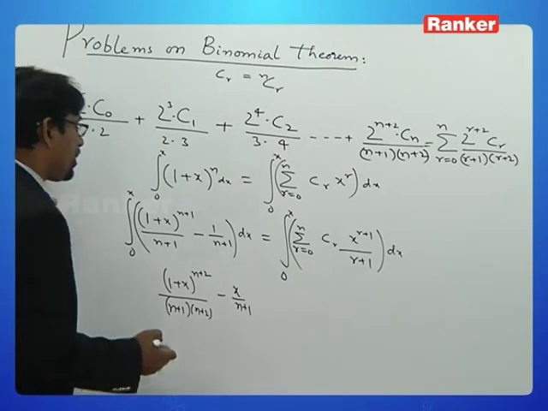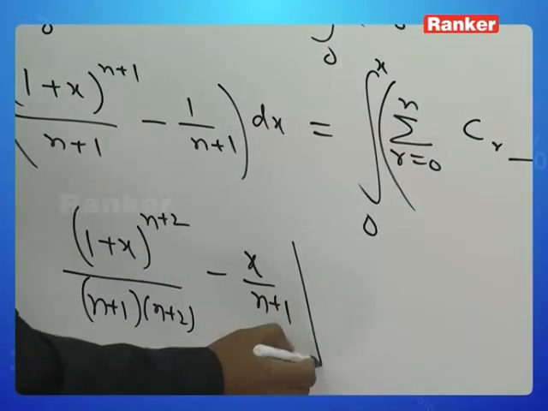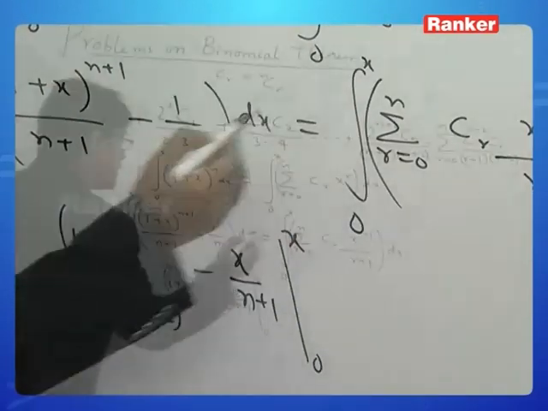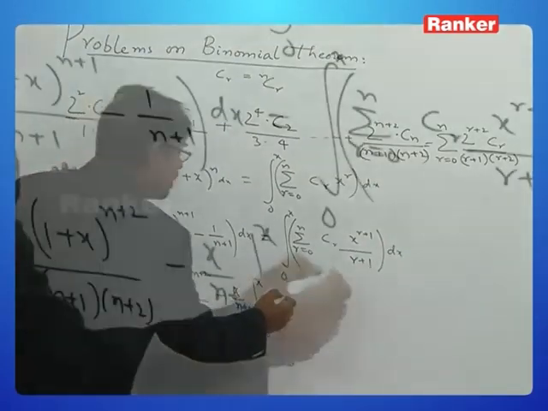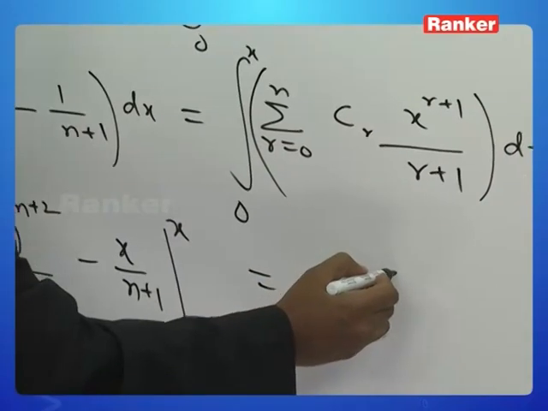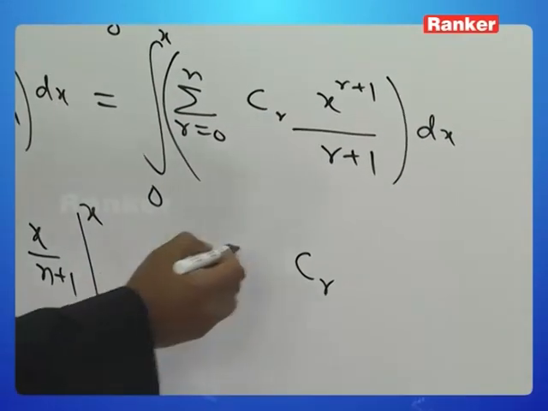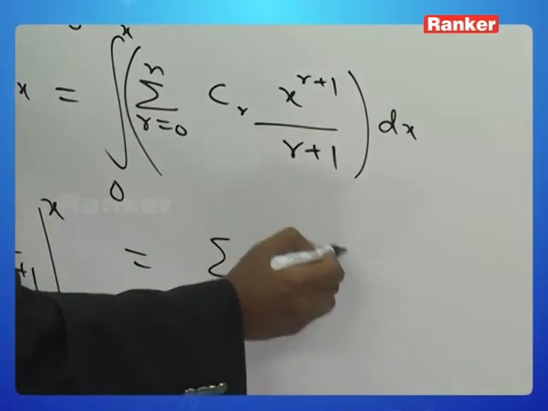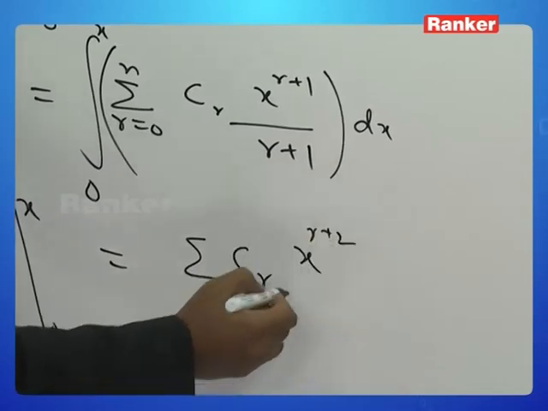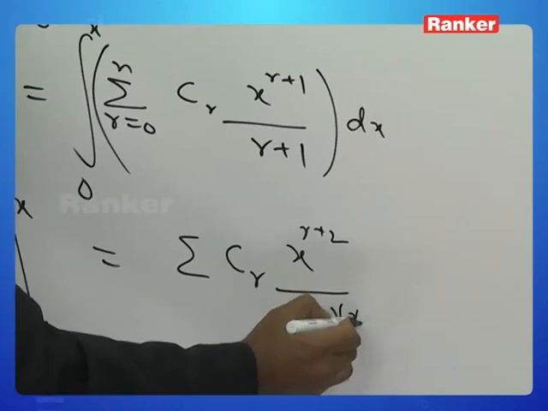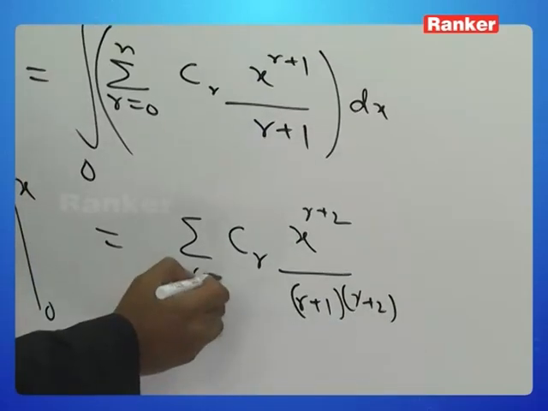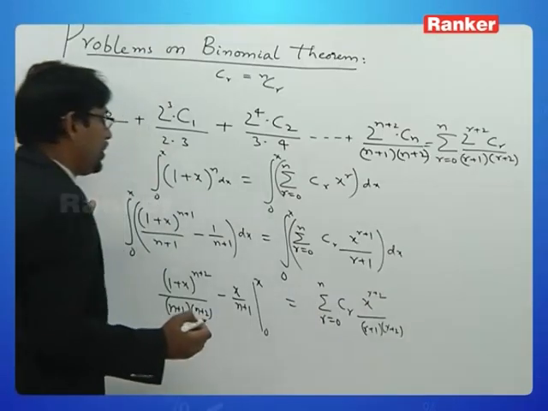But this has to be applied over the limits 0 to x. And what do you have on the right hand side? This turns out to be sigma CR x power r plus 2 by r plus 1 into r plus 2, r ranging from 0 to n.